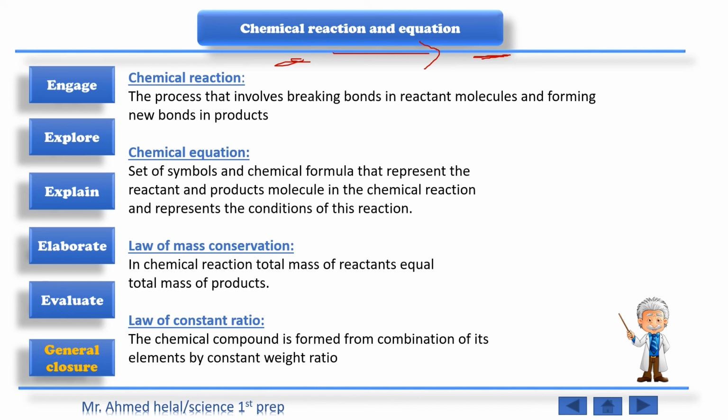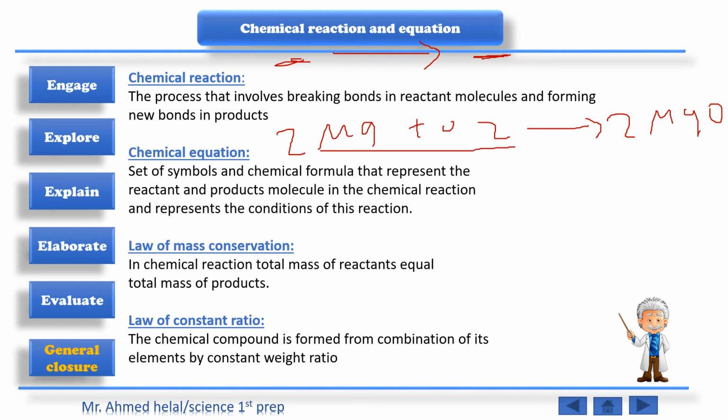A chemical equation is a set of symbols like 2Mg plus O2 equals 2MgO. These are chemical formulas that represent the reactants and products, the molecules in the chemical reaction, and it represents the conditions of this reaction.